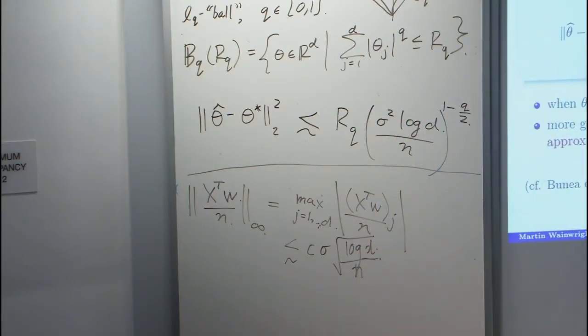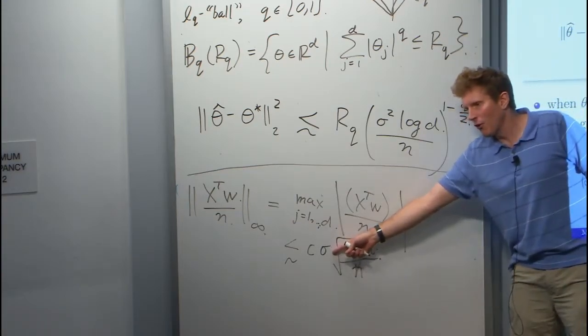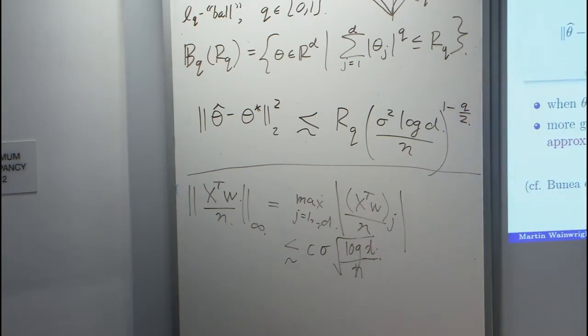So that's that term there. It just means that I have to choose lambda a little bit larger than a constant times the noise standard deviation times this ratio.